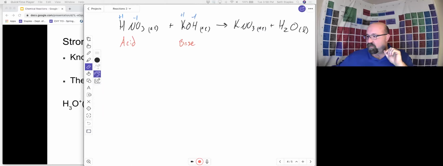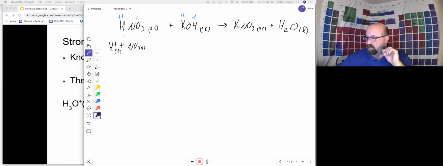Okay, so let's write the net ionic equation for this. Let's just erase our words here below. And so we have our HNO3 and our KOH, and our KNO3, which is also aqueous.